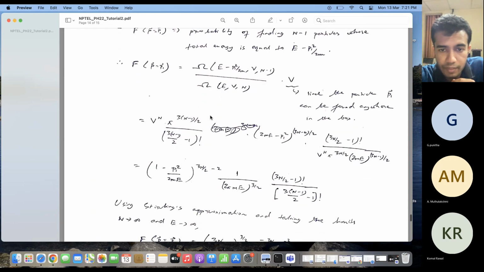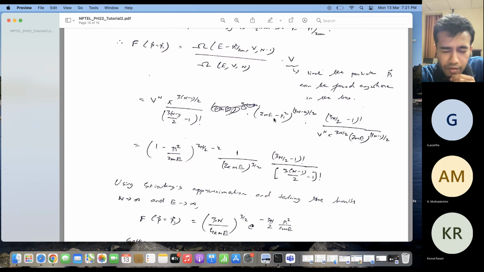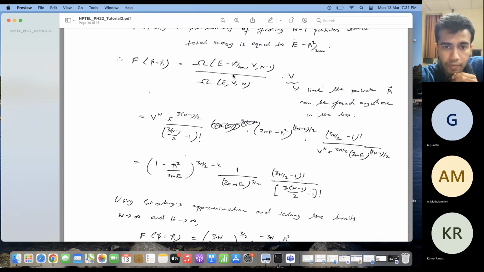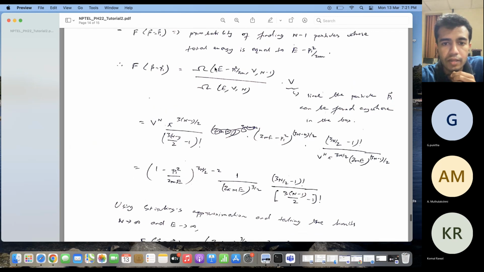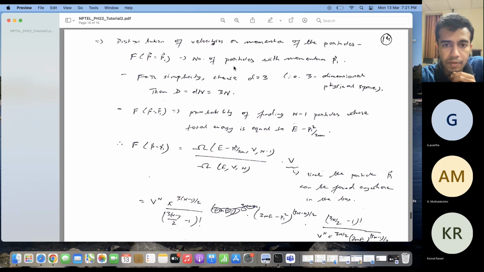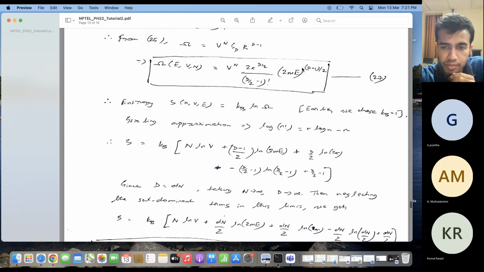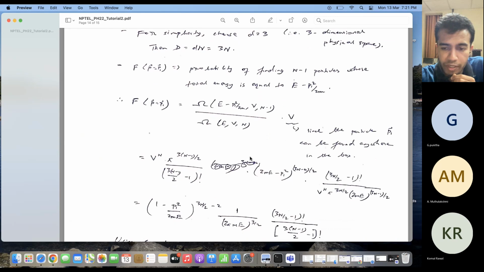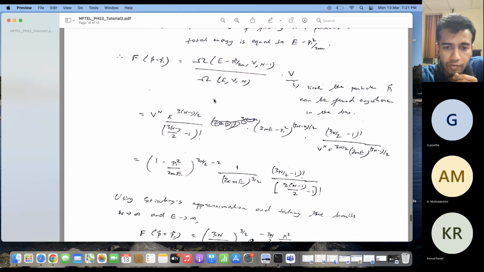So if I do this calculation, I know the expression of omega over here. I basically substitute E minus p1 square by 2m in this expression, and I can calculate the numerator. And the denominator I had already obtained earlier.